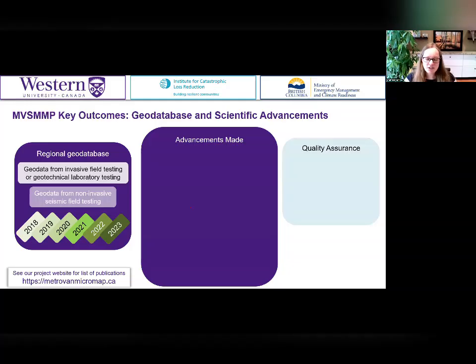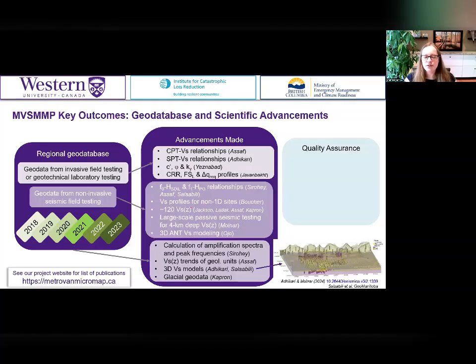We developed this geodatabase, and it also allowed us to renew and advance what we knew about subsurface ground conditions in Metro Vancouver. We could now convert from one data type to another. We can plunk down a seismometer, which gives us one measure, but through relationships we can now convert what we actually measured to the metric of the depth to glacial sediments.